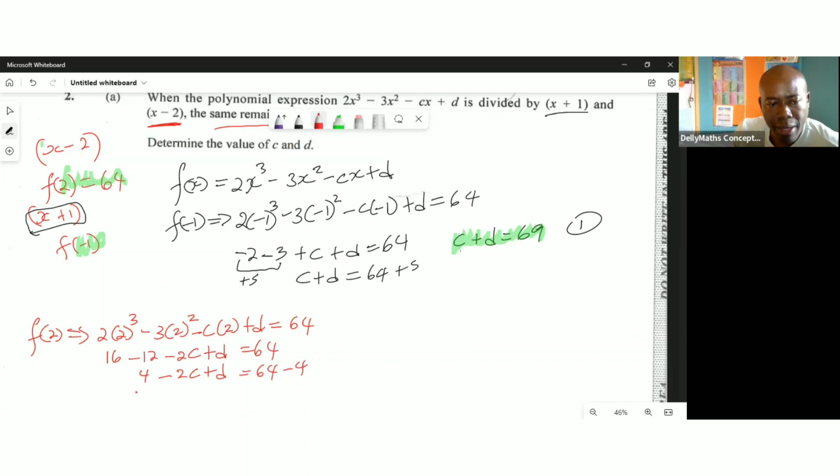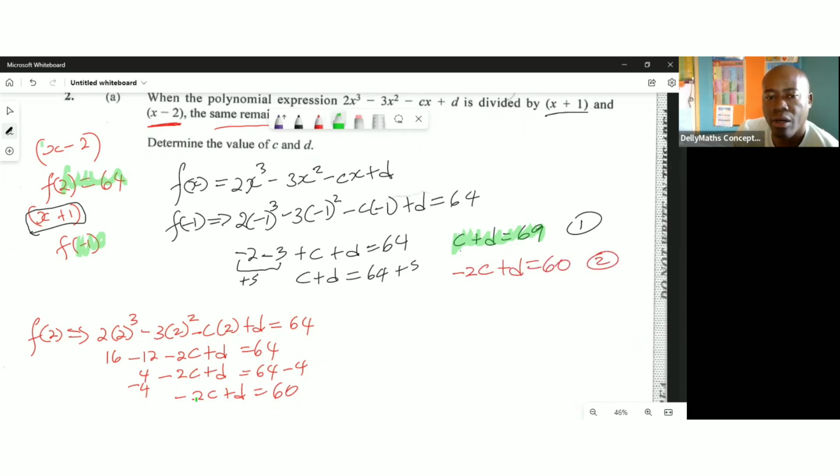I have to take away 4 to balance this out. So minus 2c plus d is equal to 60. That is my second case.